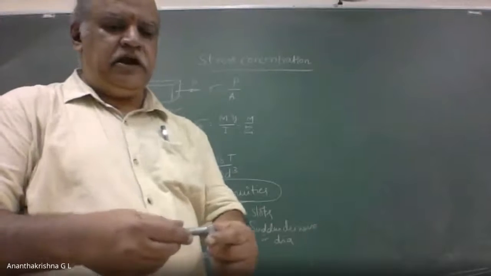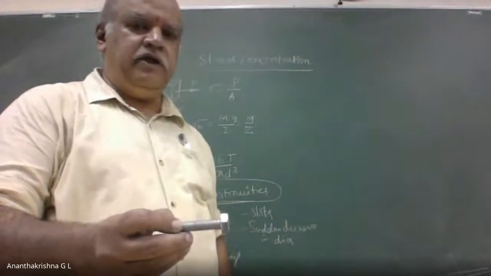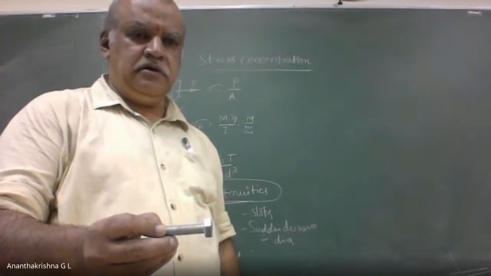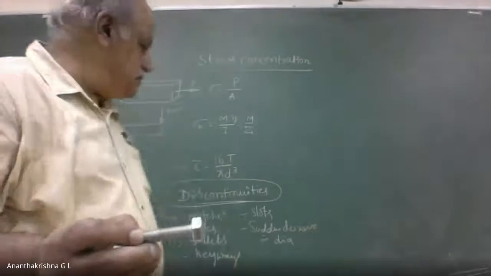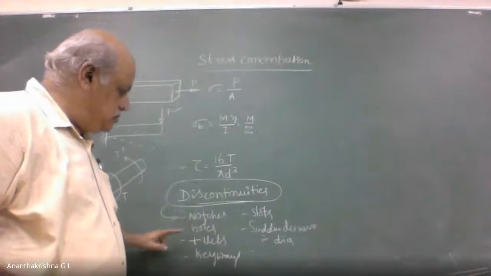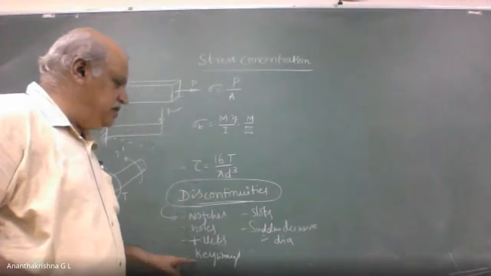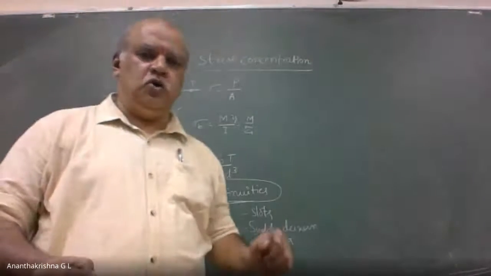And then when you take up this bolt over here, what type of discontinuity do we have here? We have studied that discontinuities can be in the form of notches, holes, fillets, keyways, slots, sudden decrease in diameter, and so on.